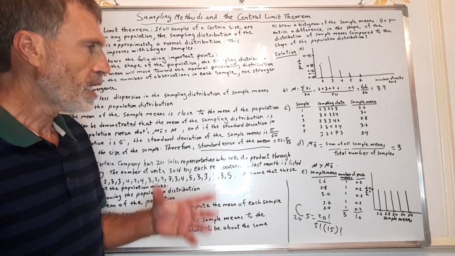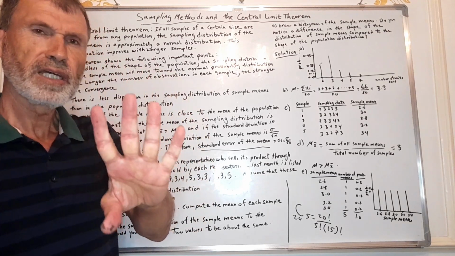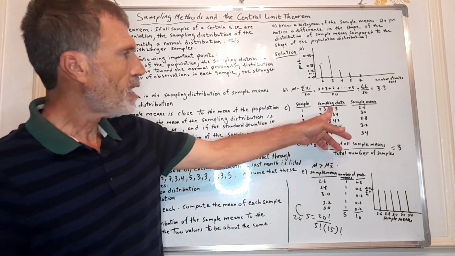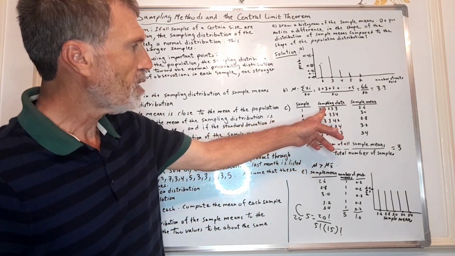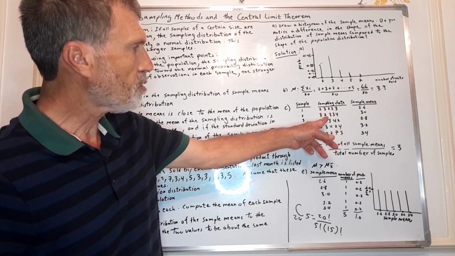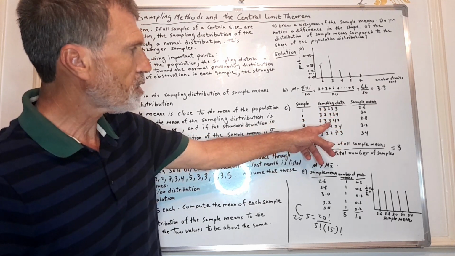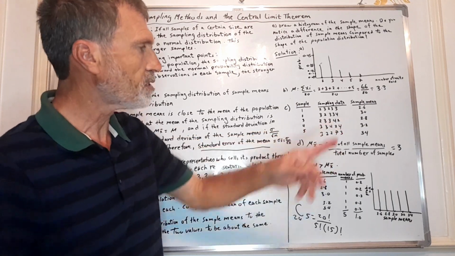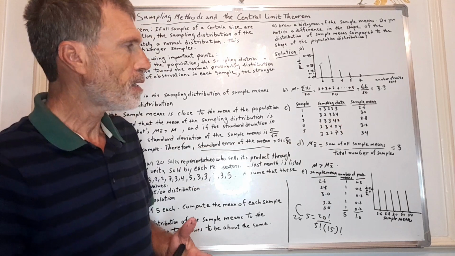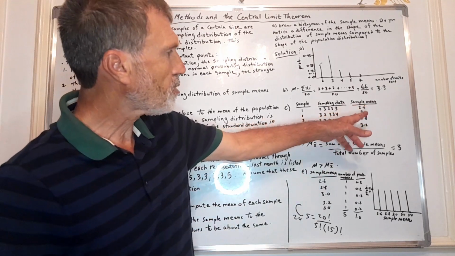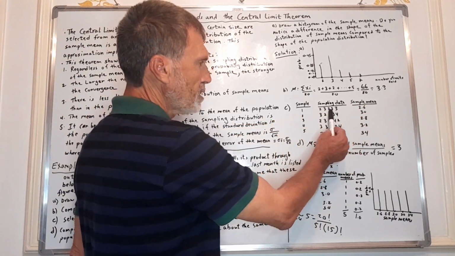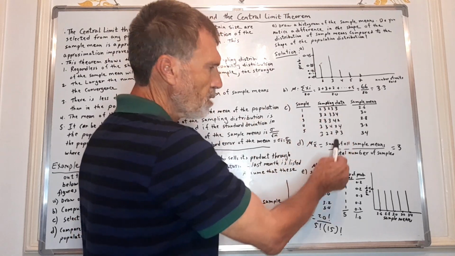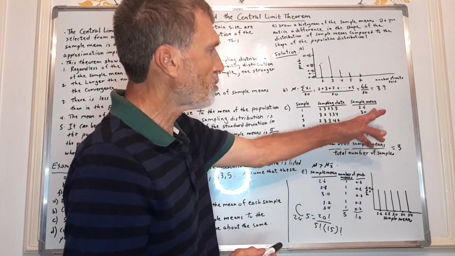Here we're going to choose only 5 samples. These are the 5 samples, and these are the sampling data: 2,3,2,3,3; 3,2,3,3,4; 2,3,3,4,2; 3,3,4,2,4; 3,2,2,7,3. And for the sample means, as you can see, we just added all these and divided by 5. Same thing we do for all those, and we come up with the sample means.